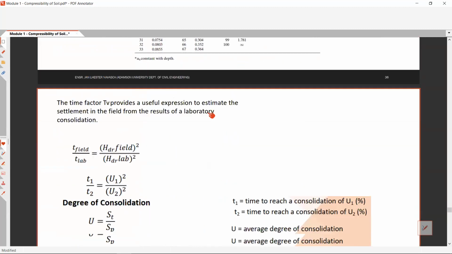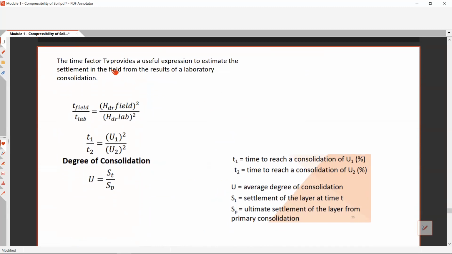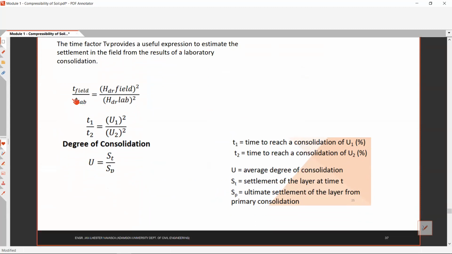Okay. So the time factor T sub V provides a useful expression to estimate the settlement in the field from the results of a laboratory consolidation. So the time in the field over the time in the lab is equal to the height of drainage in the field squared over the height of drainage in the lab squared.